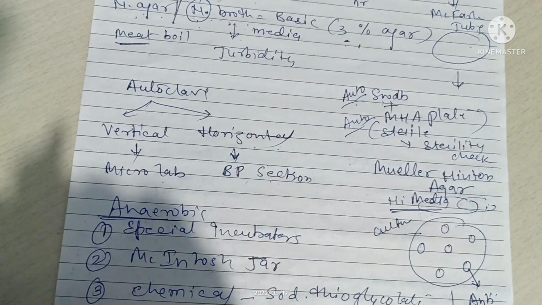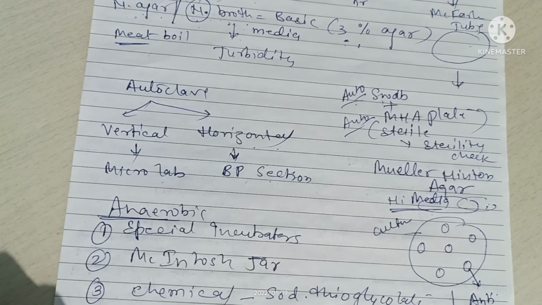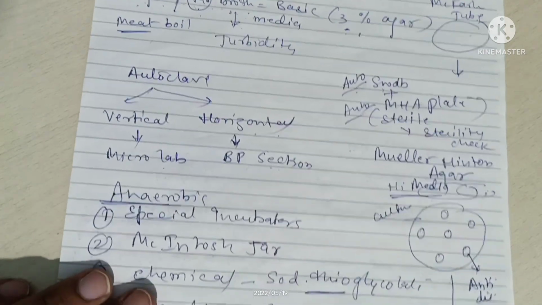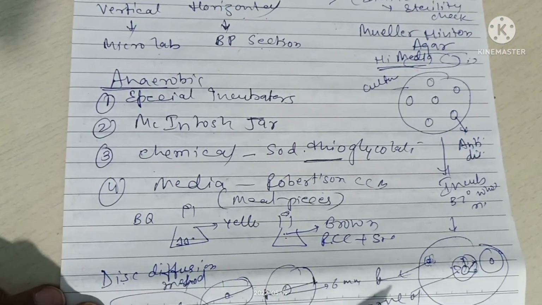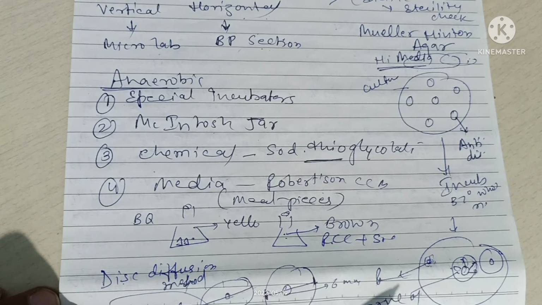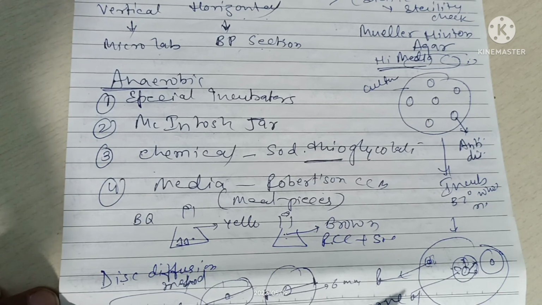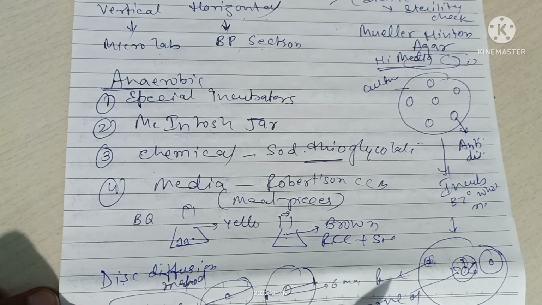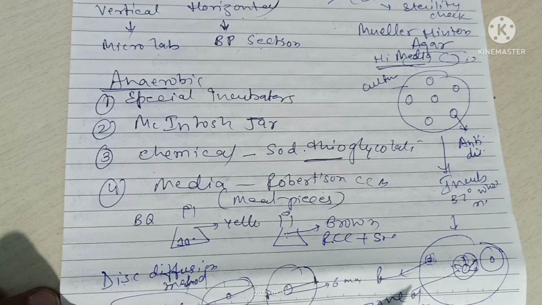So this is all about the ABST, or antibiotic sensitivity test, and it is a very common routine test to measure the resistance of bacteria to a particular antibiotic in the field and also in diagnostic labs.